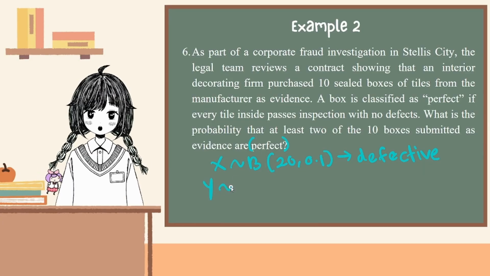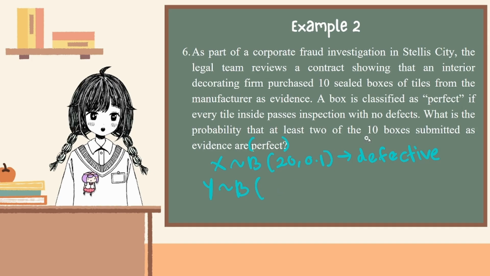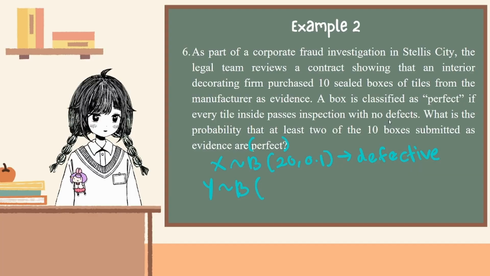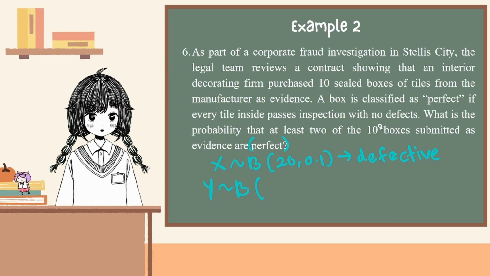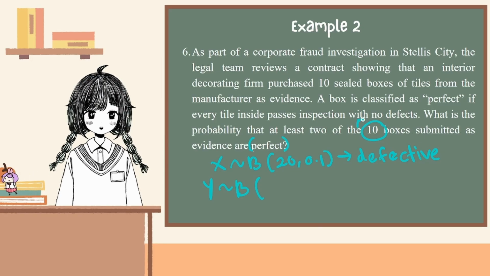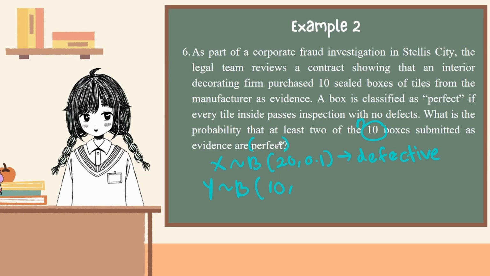I put in Y, do not confuse it with the X. For n, we look back at the question. It asks for the probability that at least 2 of the 10 boxes submitted as evidence are perfect. So 10 here means n, and perfect is the pi.